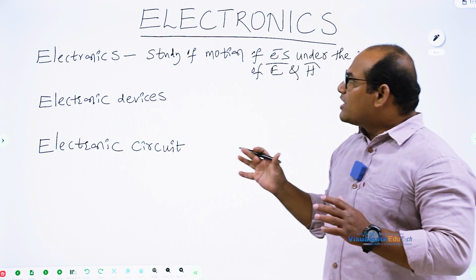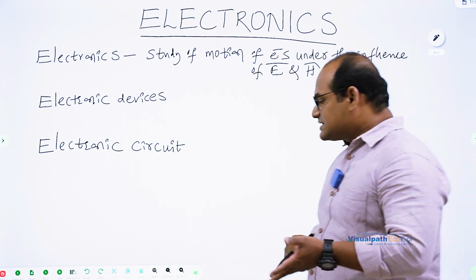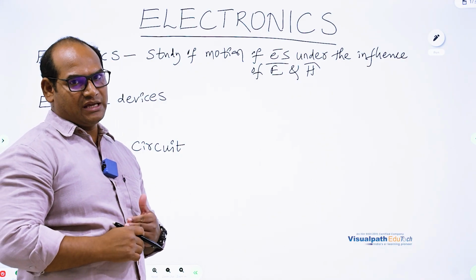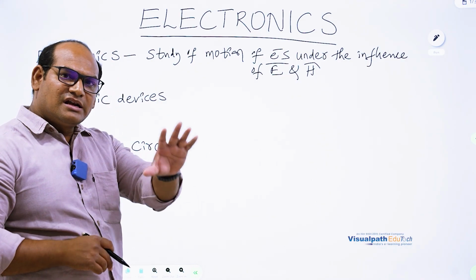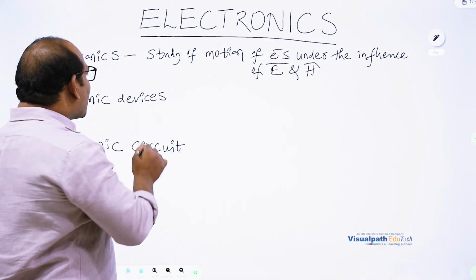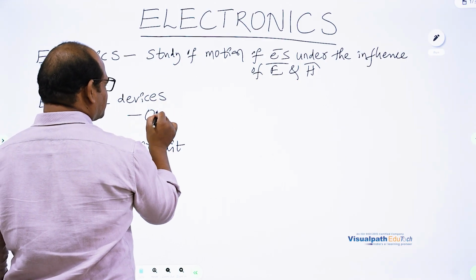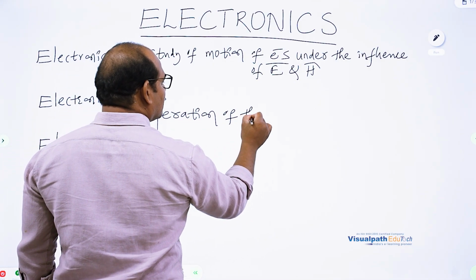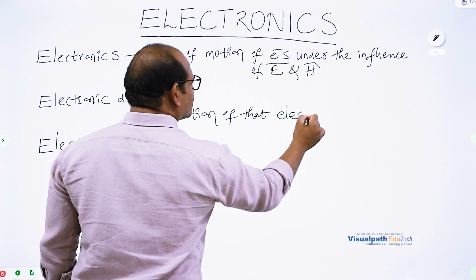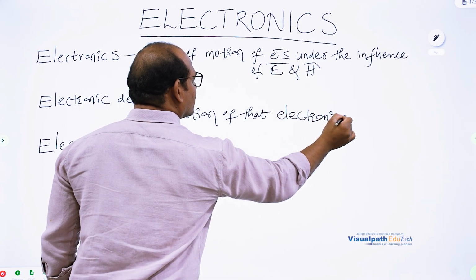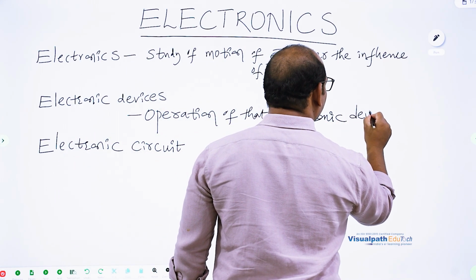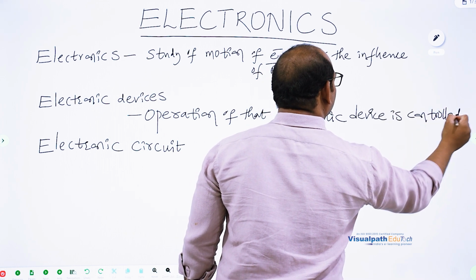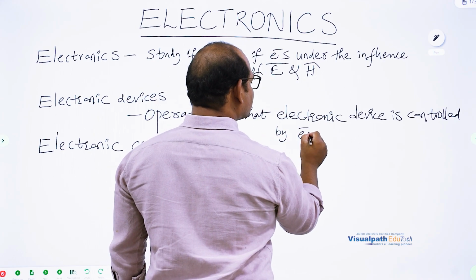Then what is an electronic device? You take any device like a PN junction diode and transistor, whatever it may be. When can we say that particular device is an electronic device? The operation of that electronic device is controlled by electrons flow.